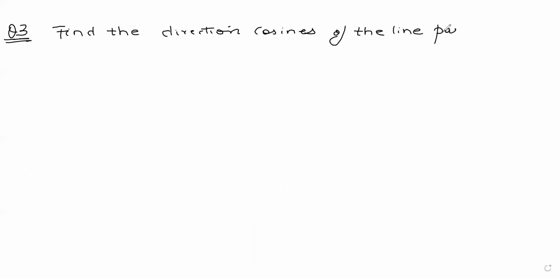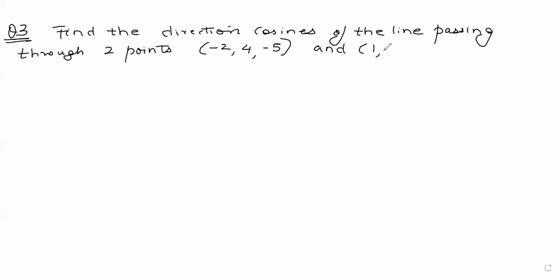Find the direction cosines of the line passing through 2 points -2, 4, -5 and 1, 2, 3.